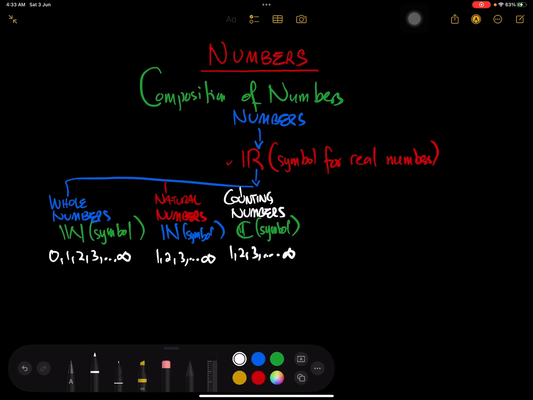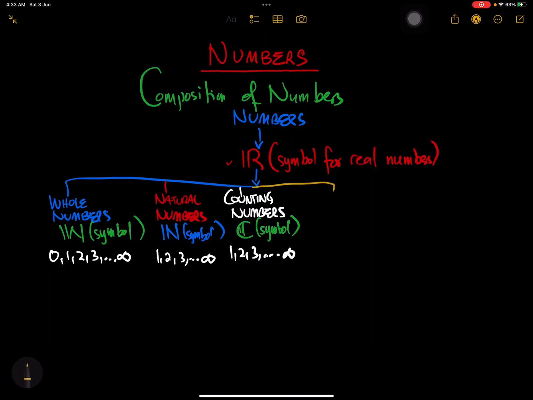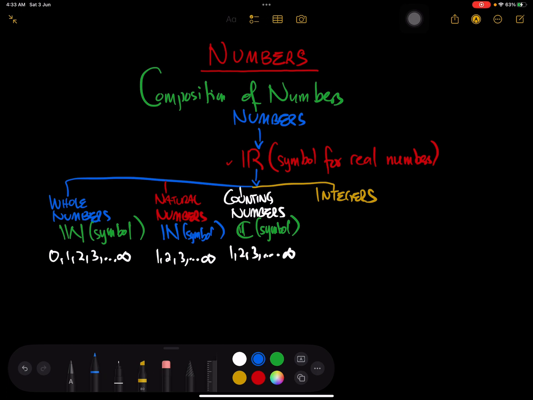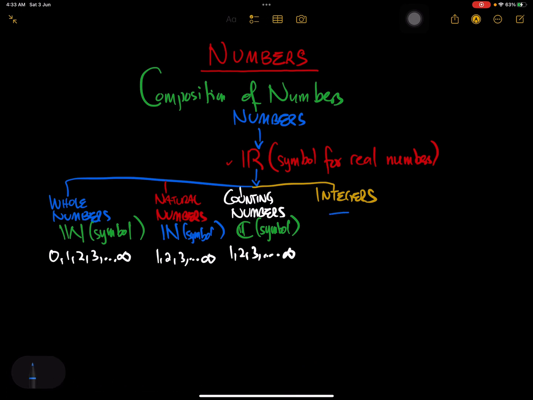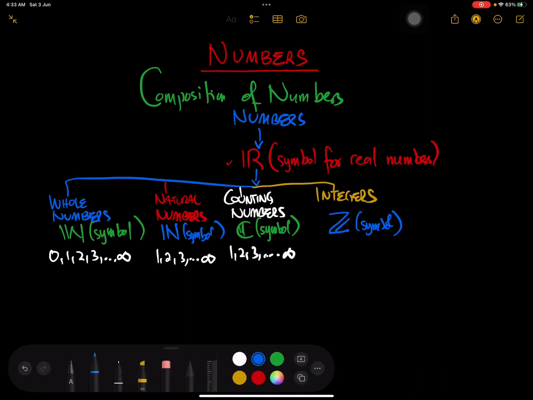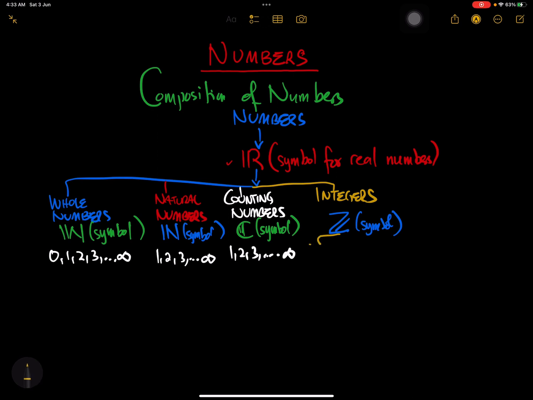The next group of numbers is what we call integers. The symbol for integers is this, and we can group them under Z plus, like this, and also Z negative.